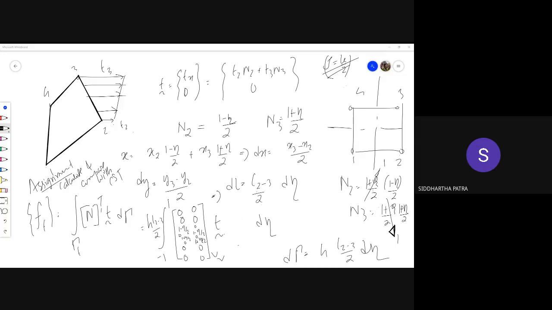As we discussed in the very beginning of this course, the function space is also a vector space, and there is an inner product defined on function space as well. That is basically a definite integral across the domain, across the entire geometry, of two functions. So integration 0 to L, let's say for a bar, u(x) v(x) dx is basically that inner product.